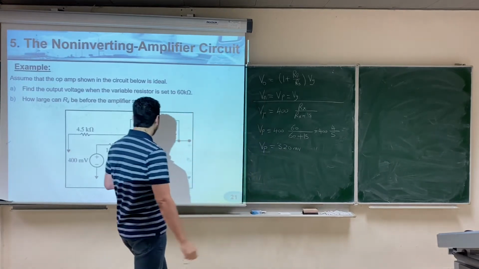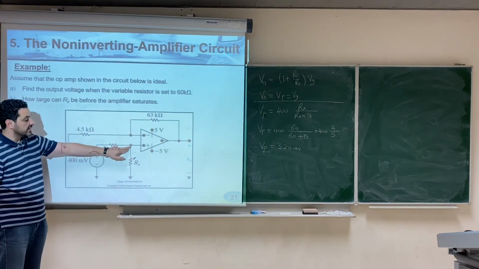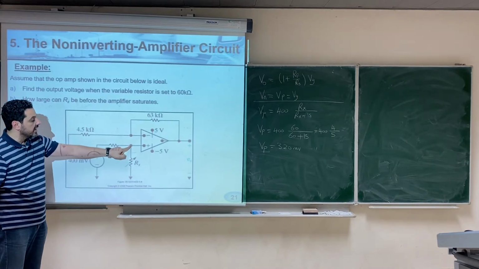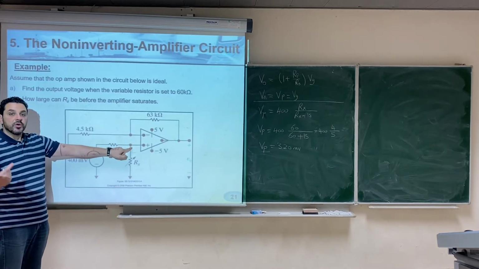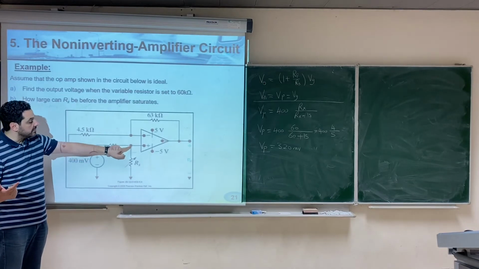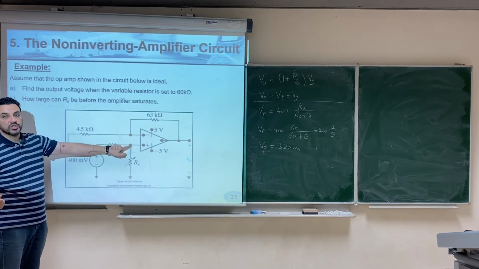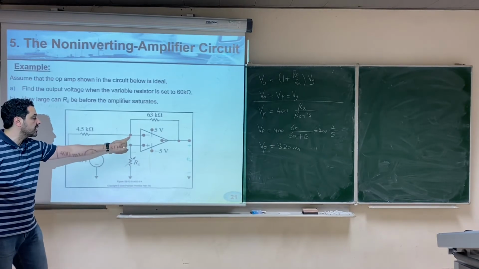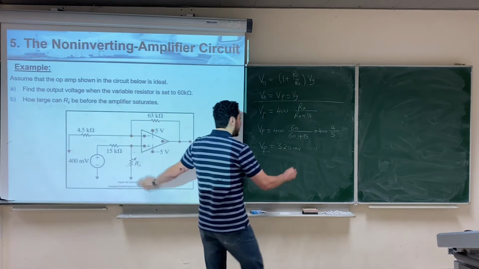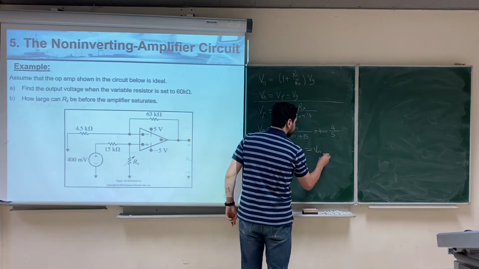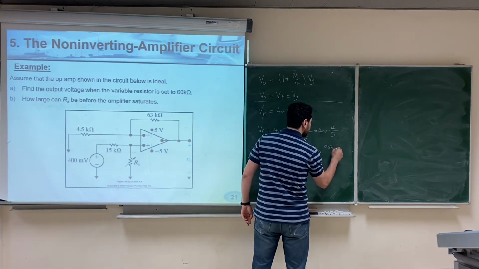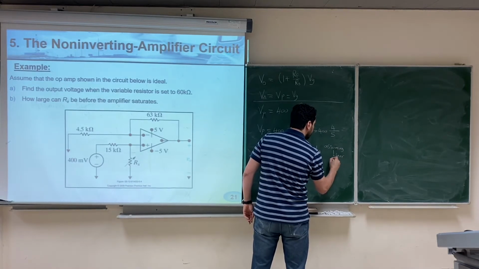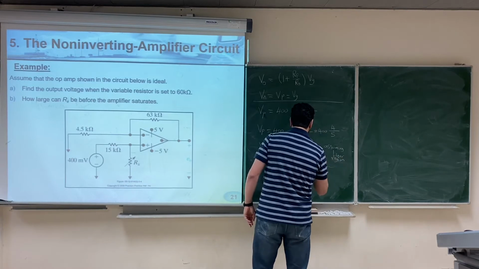This is Vp, the voltage at the Rx, which is the same as the voltage in the non-inverting input of the op-amp. For the ideal op-amp, if we assume linear operation, Vp will be equal to Vn. So the voltage here, Vp, is the same as Vn, assuming linear region, right?